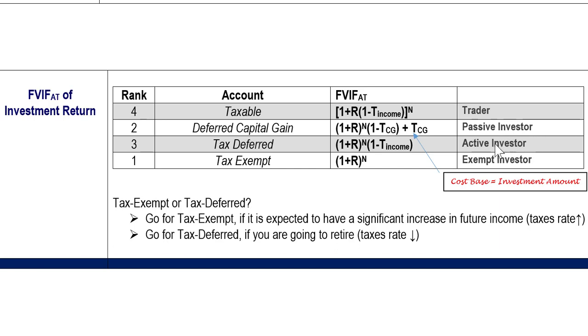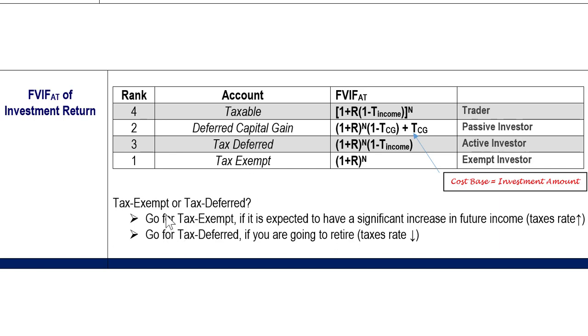An active investor can use the tax deferred account to defer their income because they are very active and have a high income. On the other hand, for the exempt investor, with special purposes or high net worth for estate tax purposes, they can use the tax exempt account.